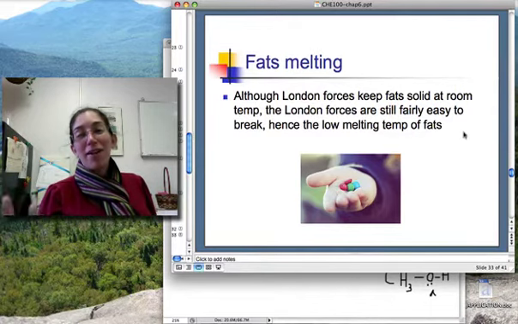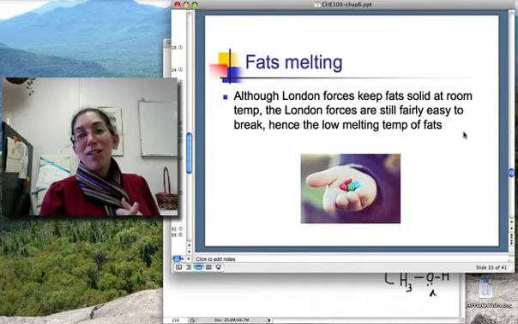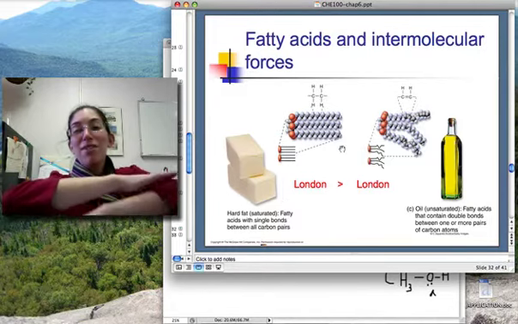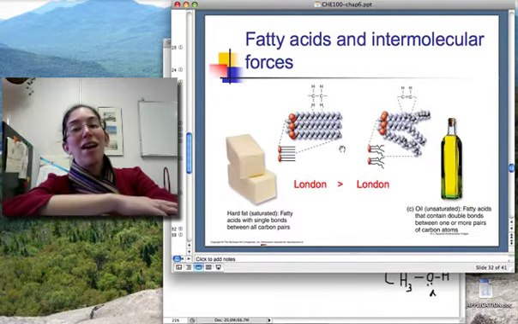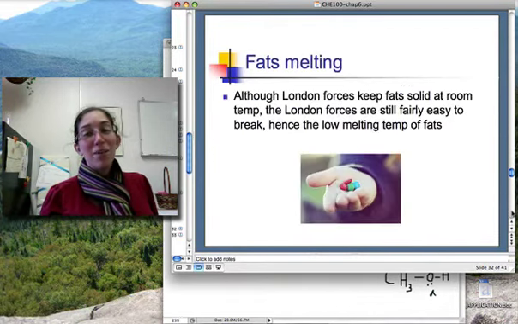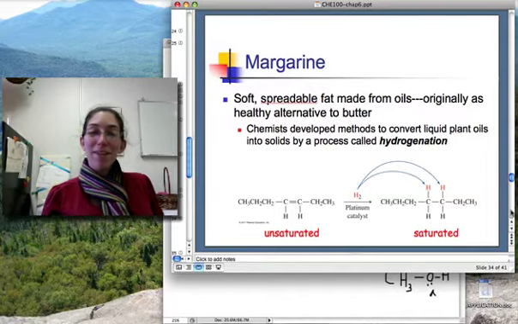Saturated fats like butter, for example, even though butter is solid, more or less, at room temperature, you put it in your hand, you expose it to just a little bit of heat, and it melts very quickly, because even though you have a lot of London forces holding it together and making it somewhat solid, London forces are still pretty weak and pretty easy to break. So they still have a very low melting point because London forces are still weak forces.